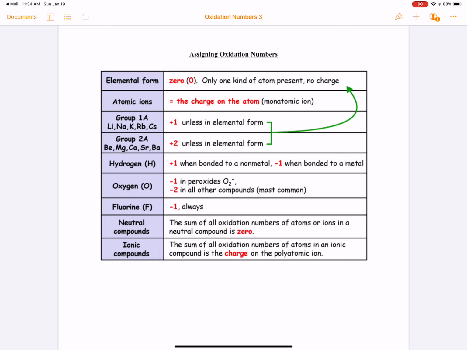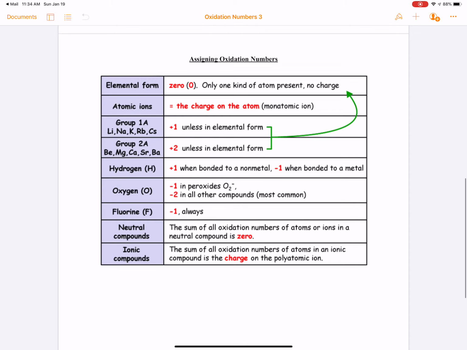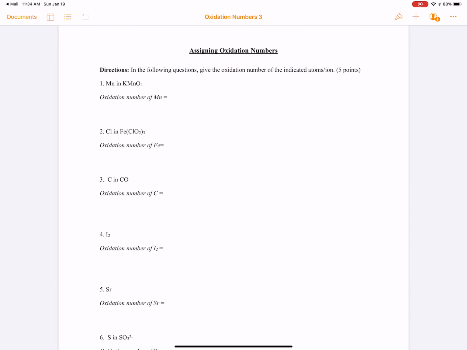Hydrogen's always +1 with a nonmetal but -1 with a metal. And oxygen is -1 only in peroxide, always -2 otherwise. Okay, and one more important rule is that the oxidation number of a diatomic element is also 0, but that wasn't in there.